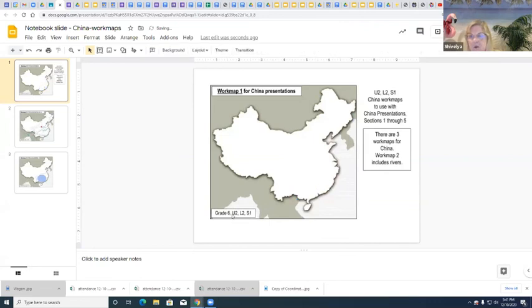I can't move these text boxes or anything like that because it's in the background. And with it being embedded like that, the kids are able to add information. They can add pictures, words, text boxes, shapes, lines, that kind of thing.